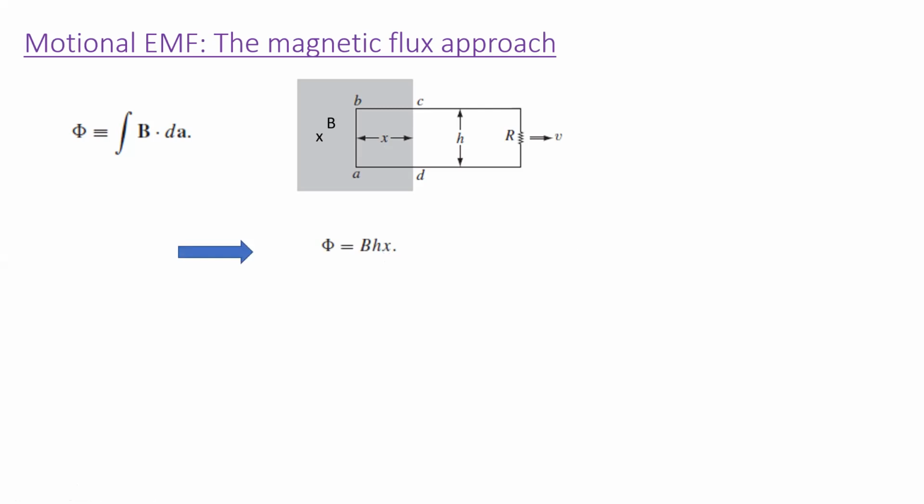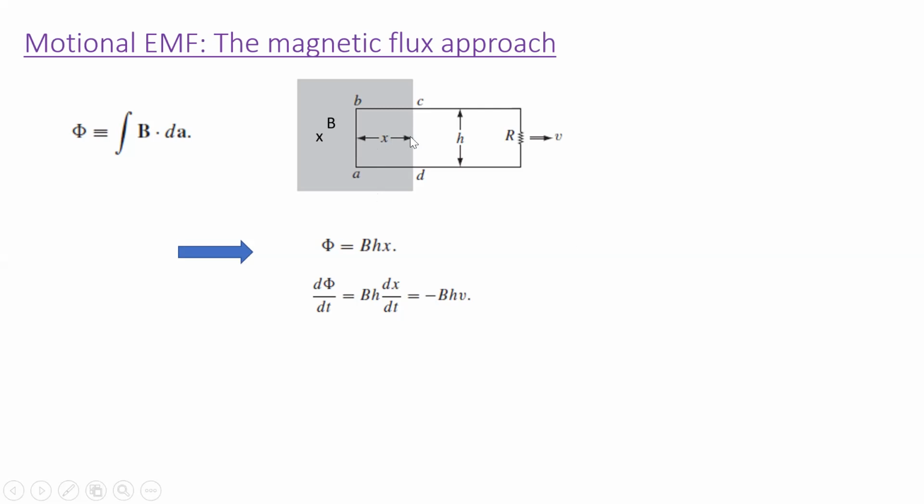Then we notice that if we take the derivative of this flux, the magnetic flux through this region, which is the same as the magnetic flux through the whole circuit since there's no magnetic field out here, we get d phi dt equal to B times h, since B and h we assume are constant in time, times dx dt.